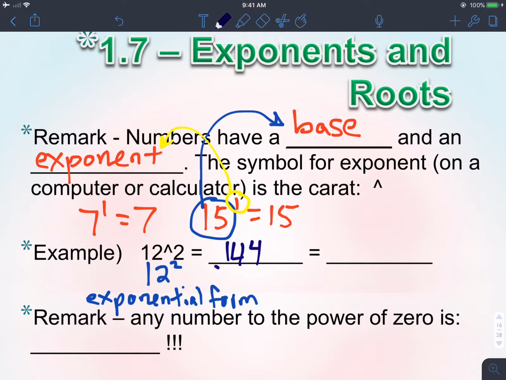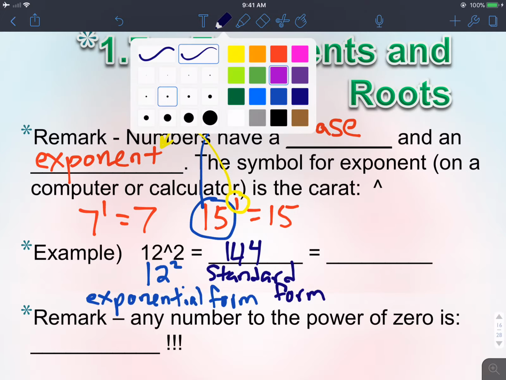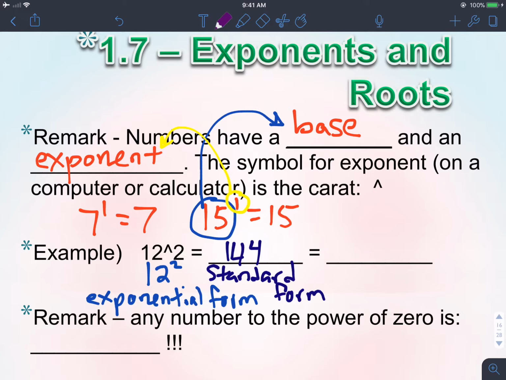That's going to be standard form. And then lastly, (12 times 12), right? So if something's to the squared, it means there's 2 of them multiplied together. This is going to be repeated form, is the way the computer is going to ask you.